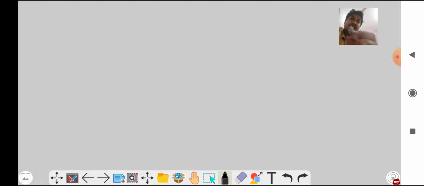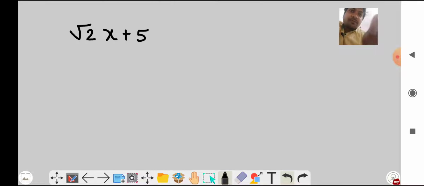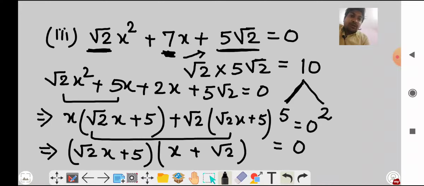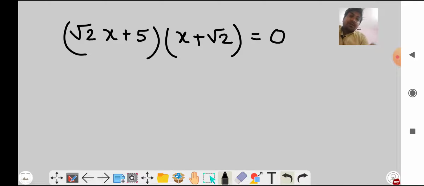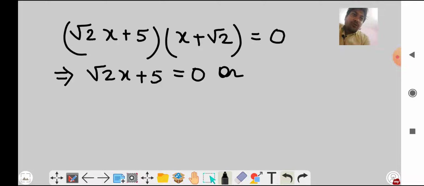So I am writing root 2x plus 5 and the other one is x plus root 2 equals to 0, right? It means what? Root 2x plus 5 equals to 0, or you can say x plus root 2 equals to 0.